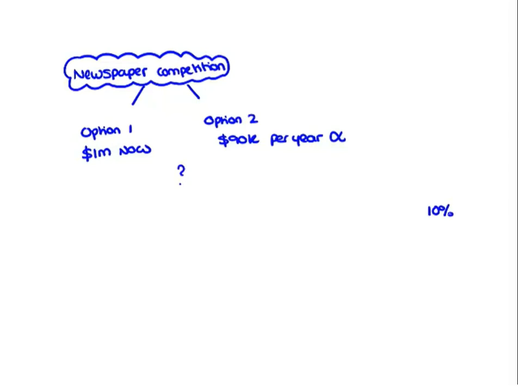However, if we took the $1 million now and invested it, so we didn't spend it on fast cars and holidays, we would be able to invest it and earn 10% interest per year, or 100,000 per year. So let's assume then that we took the 100,000 a year and spent that on enjoying ourselves. We could maintain our $1 million and continue to give ourselves an income, and we call that a perpetuity.